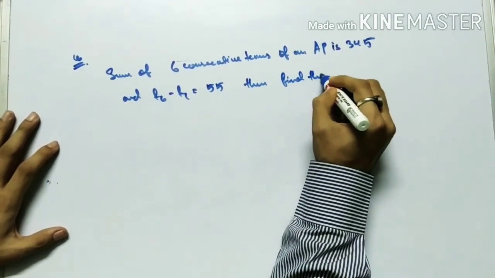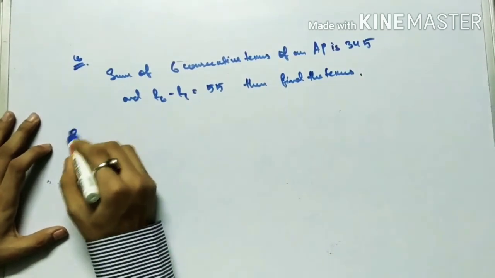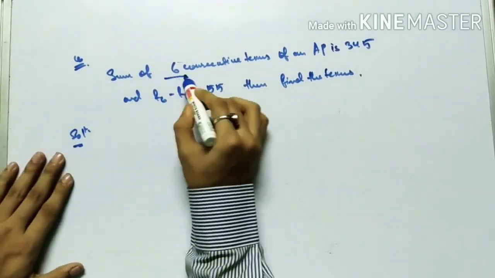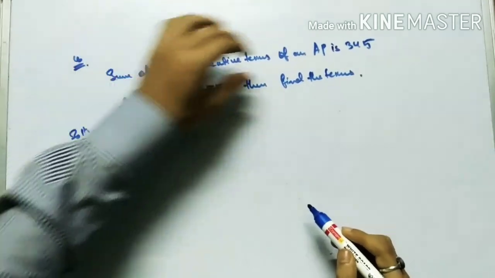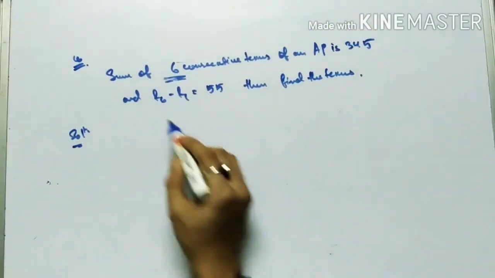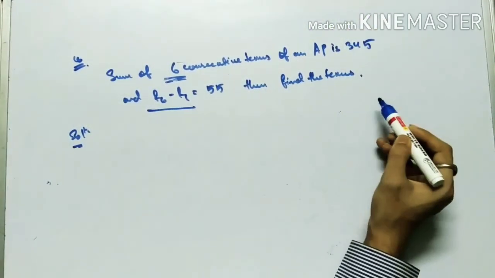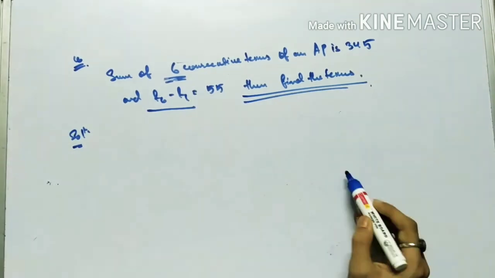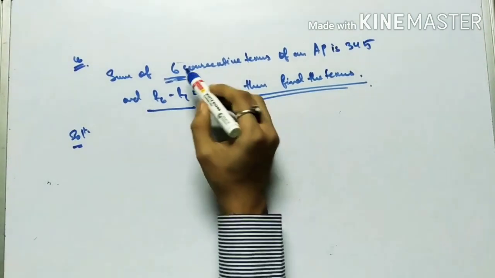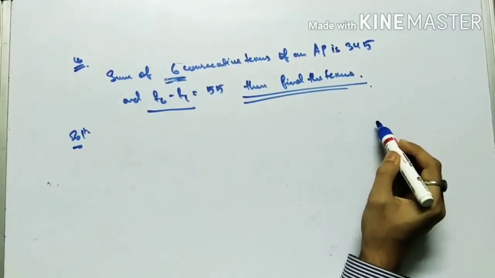The sum of 6 consecutive terms of the AP is 345 and T6 minus T1 is 55, given. I have to find those 6 consecutive terms.